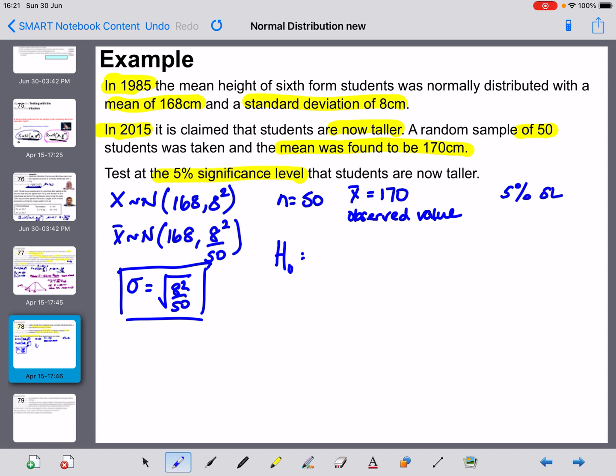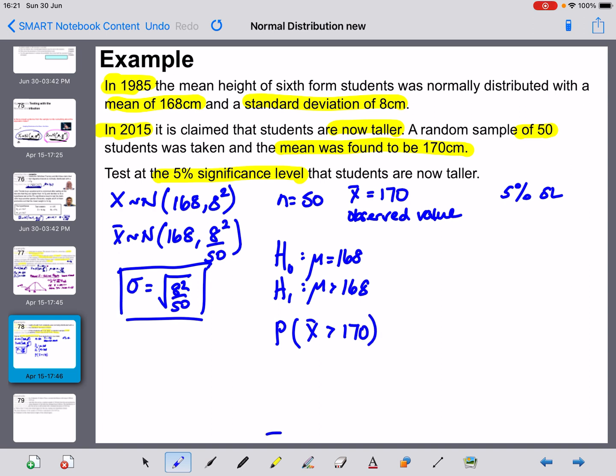Okay, we want our hypotheses. Okay, so in the null hypothesis, mu is 168. The alternative, well, we're looking to see if students are now taller, so we are looking to see if mu is now more than 168. Okay, so we're after the probability that x bar is greater than 170.